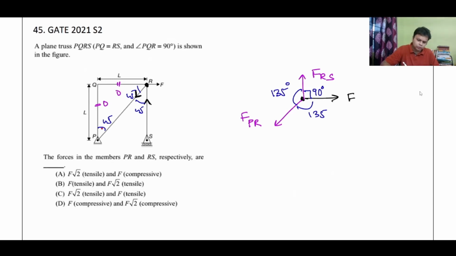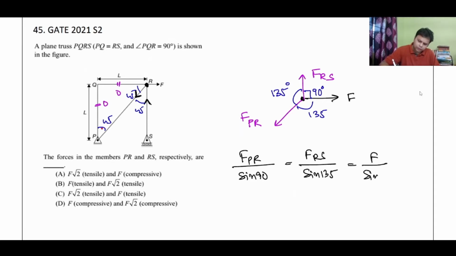Right? So I can use Lami's theorem. I can say FPR divided by sine of 90 is equal to FRS divided by sine of 135 is equal to F divided by sine of 135.